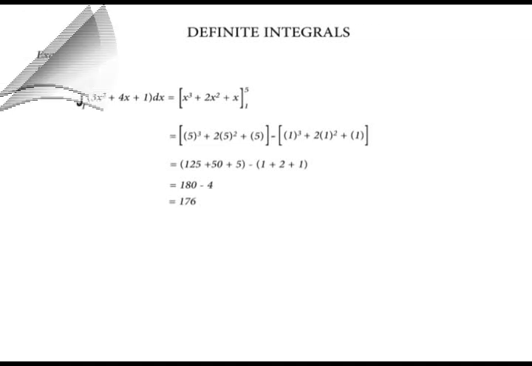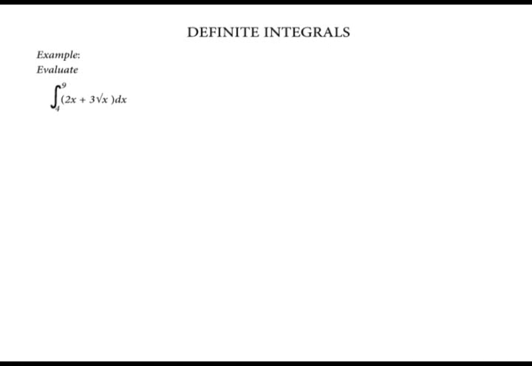A more complicated one, evaluate the integral of 2x plus 3 root x with respect to x from x equals 4 to x equals 9. In our solution, the square root of a number is the same as the number to power a half.